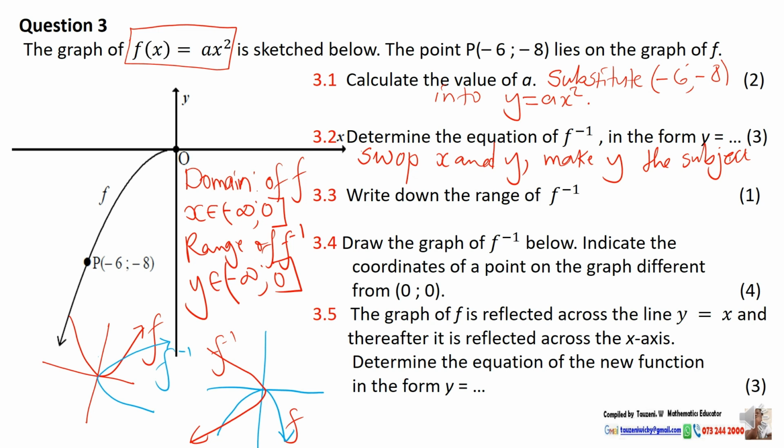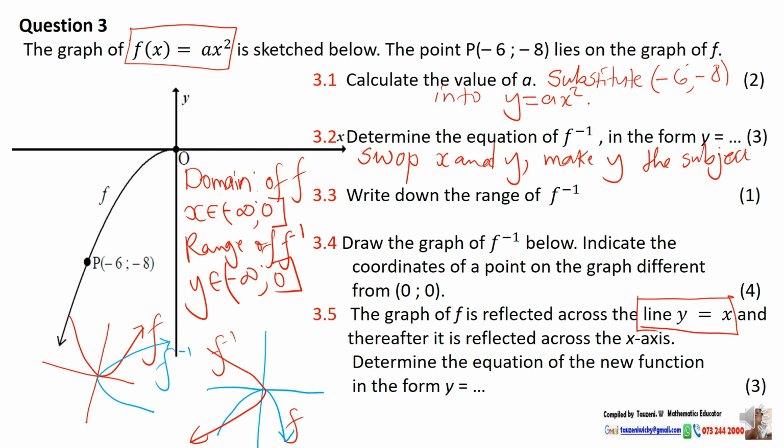Number 3.5, reflection along the line y is equal to x is the one that produces the inverse. So that's what we do in number 3.2. I don't know why this question is like this. In number 3.2, you are effecting the reflection along the line y is equal to x.